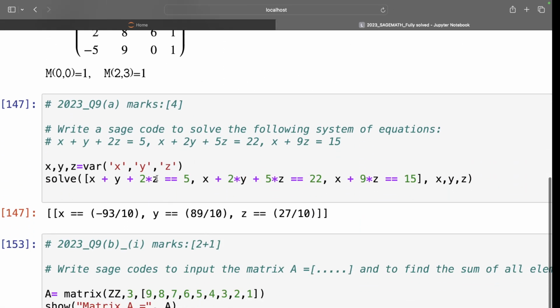I declare all three variables within single quotes, x, y, z. Then solve, with the equations in a list: x plus y plus 2z equal 5, comma, x plus 2y plus 5z equal to 22, comma, x plus 9z equal to 15, comma, then x, y, z. Solve for x, y, z. You can find x equal to minus 93 by 10, y equal to 89 by 10, and z equal to 27 by 10.